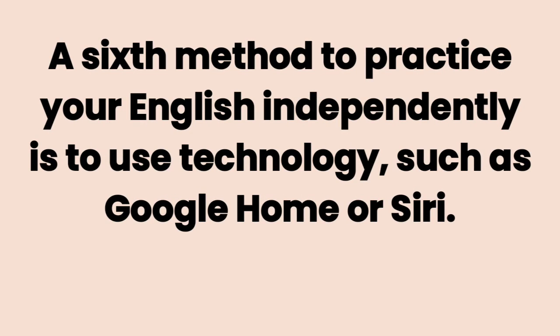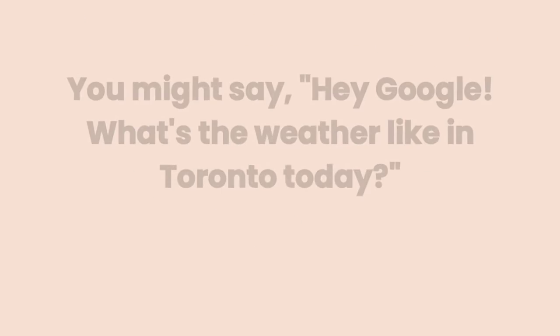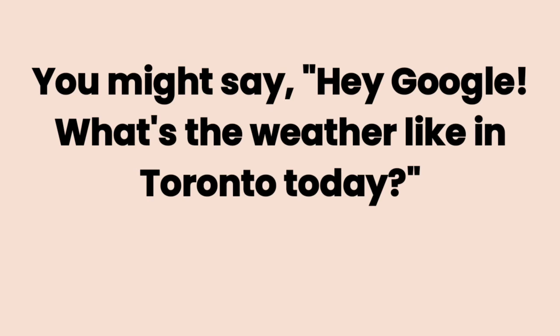A 6th method to practice your English independently is to use technology such as Google Home or Siri. For example, in my son's room, he prefers I don't use his Google Home, but it can be helpful for asking questions. You might say, "Hey Google, what's the weather like in Toronto today?"